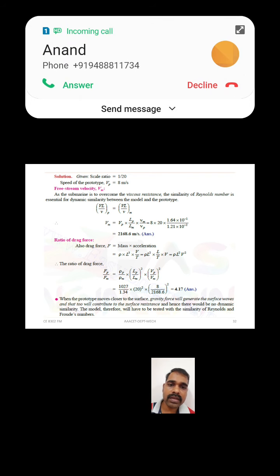Acceleration is the rate of change of velocity, so V by T. Velocity with respect to time is nothing but acceleration, right? So once you are expanding this, you get rho L square V square.